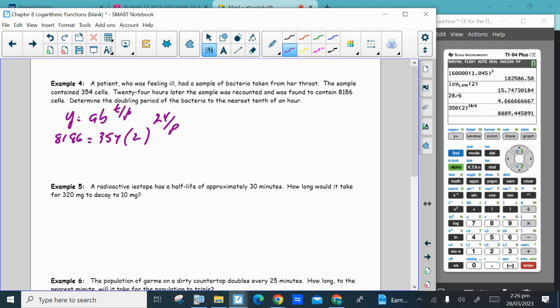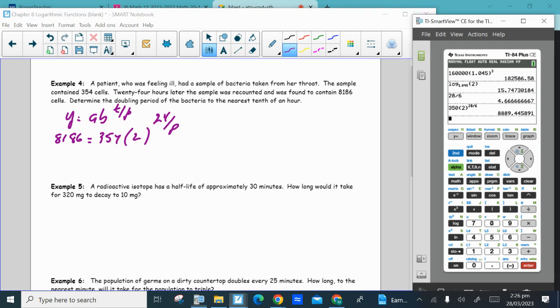So we can start by dividing both sides by 354, and that'll give us the exponential part by itself. Which gives us a decimal that we're going to have to keep in our calculator. So let me store that into memory slot A, because we're going to have to use that number again.